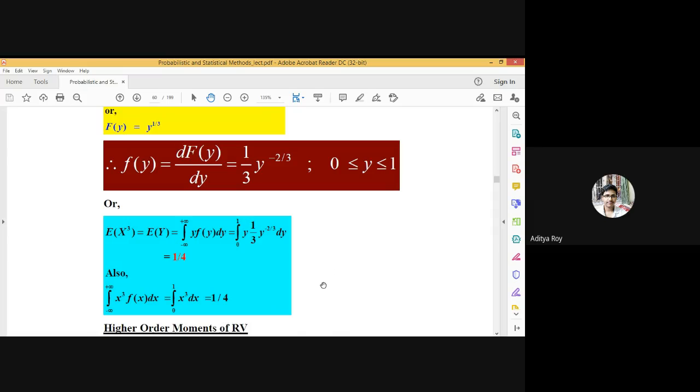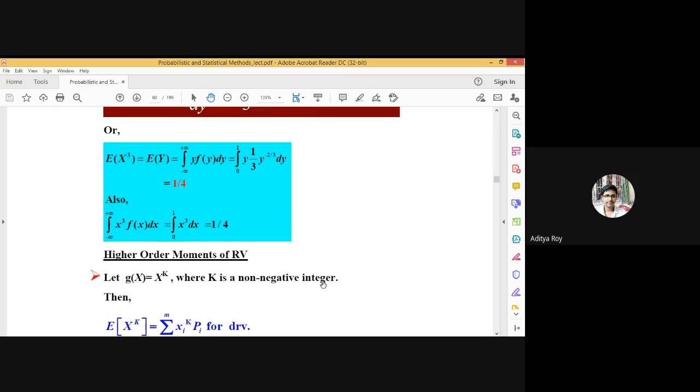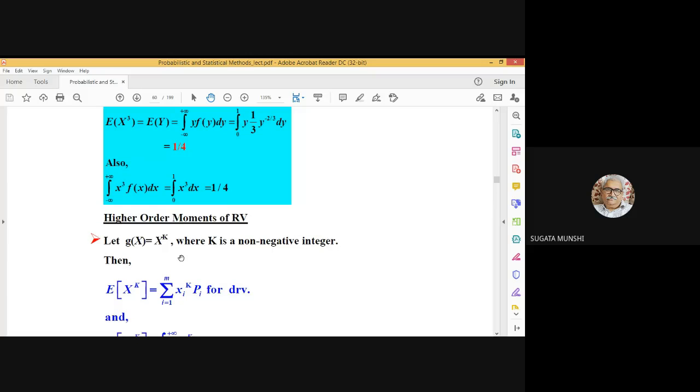Yes, that runs. Now let g(x) be equal to x to the power k, where k is a non-negative integer. Then expectation of x to the power k is called the kth order moment of the random variable.